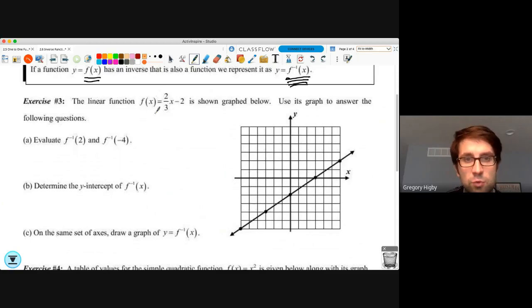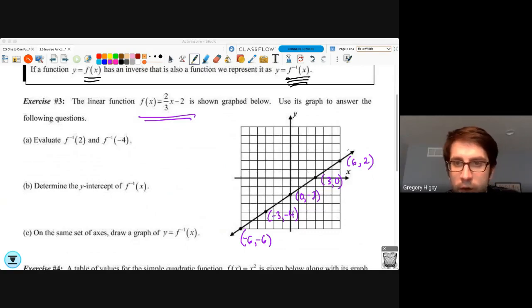But they give you the graph. And what you can do is you can actually just write out all the ordered pairs. So I'm assuming I counted this correctly earlier, (-6, -6). This ordered pair was (-3, -4). This ordered pair was (0, -2). This ordered pair was (3, 0). And then this ordered pair over here is (6, 2).